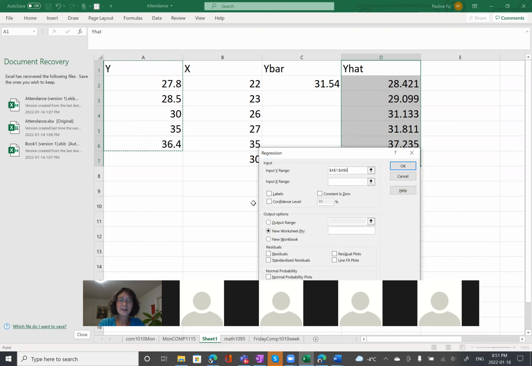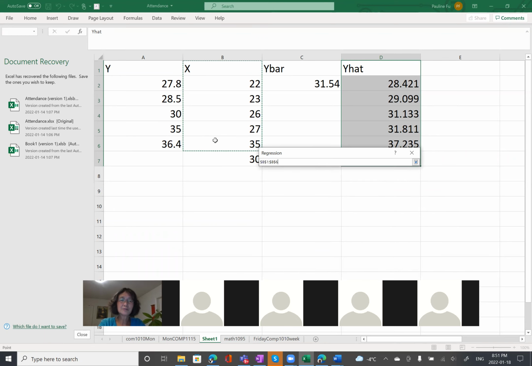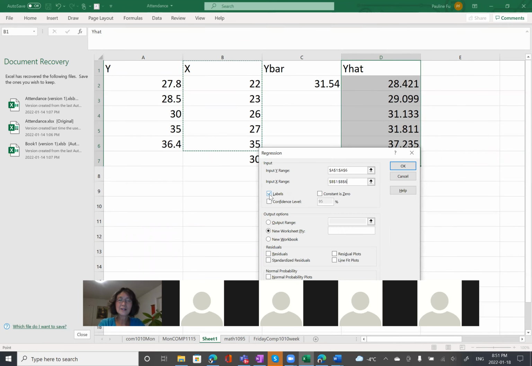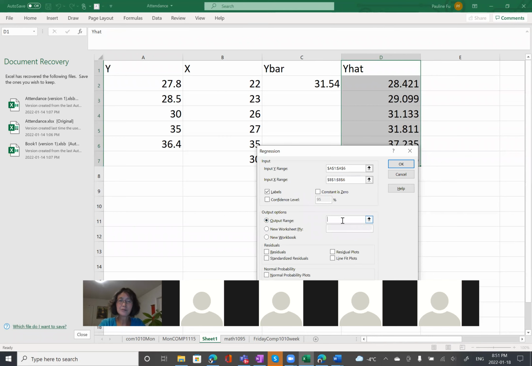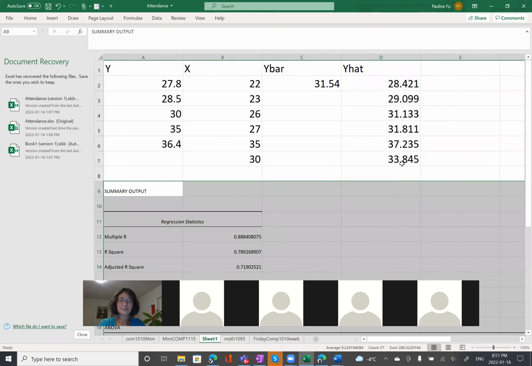As you can see, I included the label, so I check the Labels box. For the input X range, select B1 to B6. Again, I include the label. Then you put the output range. Maybe I want to put the output here, A9. Then you click the OK button.